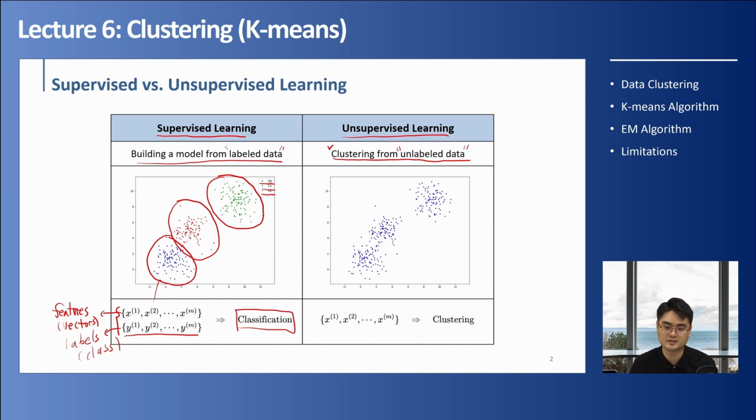However, in unsupervised learning, we don't have these labels. Why? There's no label. The only thing that we have are the features, the information of X. So you can also see in this plot here, we only have the data points.